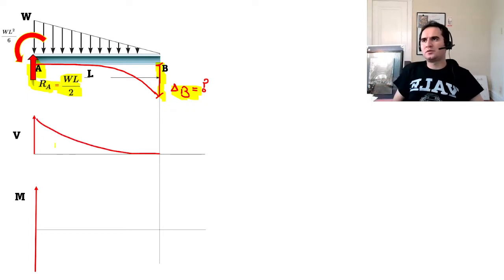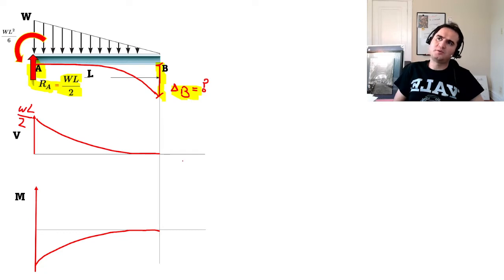If you draw the shear diagram, it starts at the numeric value of WL over 2 and goes all the way down to 0, because there is no force at the free end.